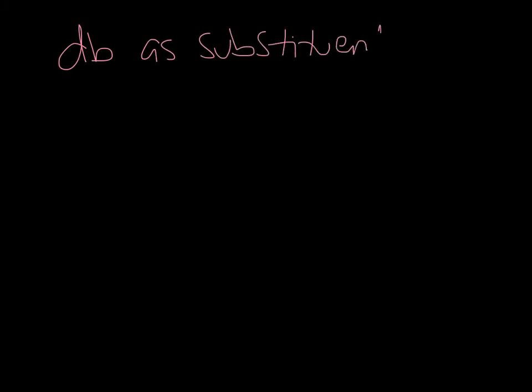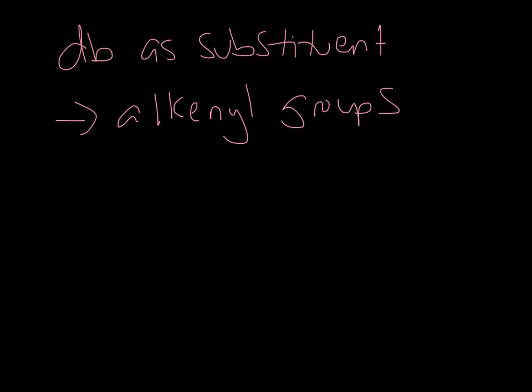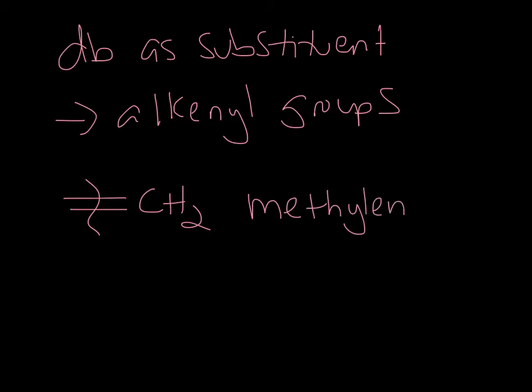Lastly, you can have a double bond or a species with double bonds as a substituent. And these systematically named are alkenyl groups, but some of them have common names that are used quite a bit. So if I have just one carbon coming off that is double bonded to the main chain, that's called a methylene group.